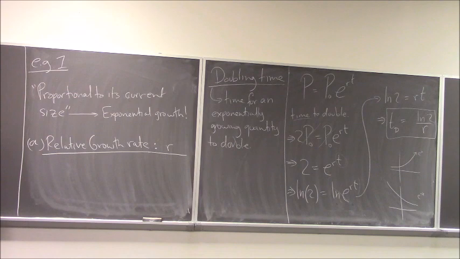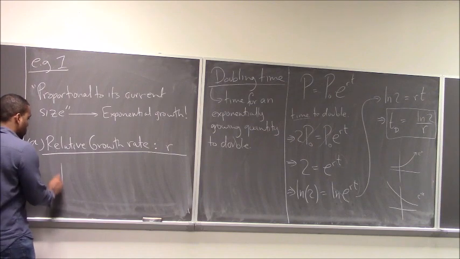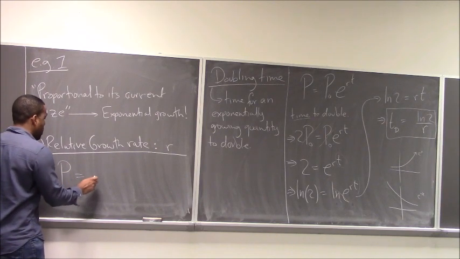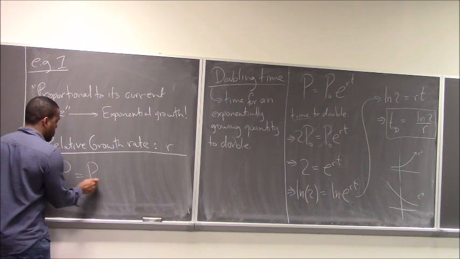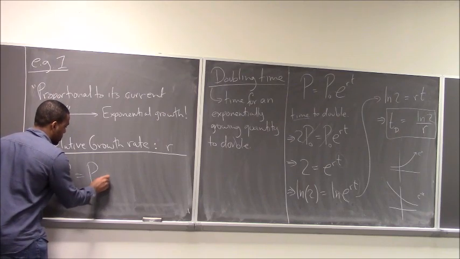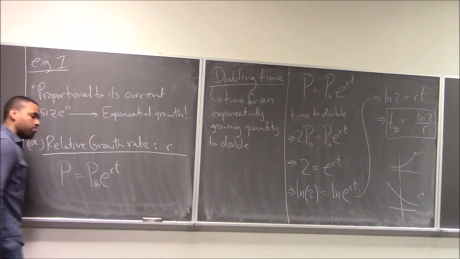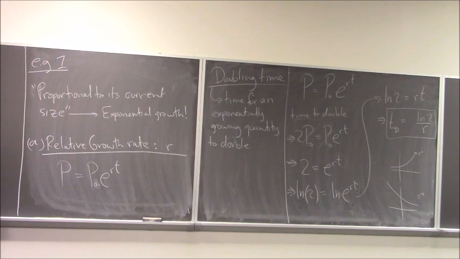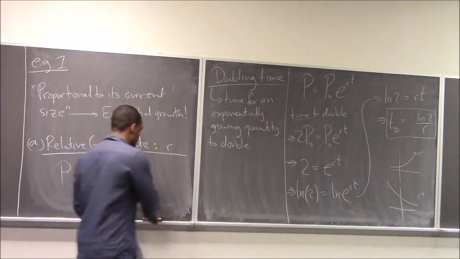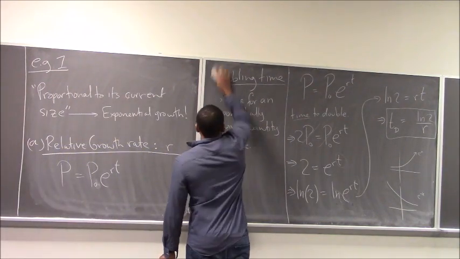How do we find it? What equations can I use? Well, I can use one of the formulas that has the little r in it. So we can use the PERT formula. And how do I apply that formula?